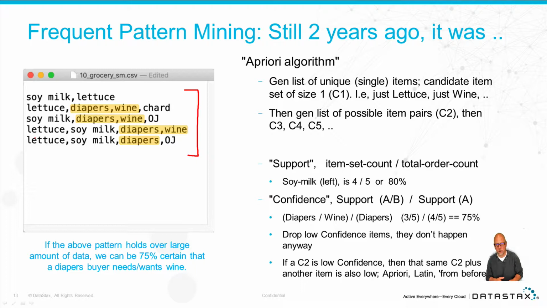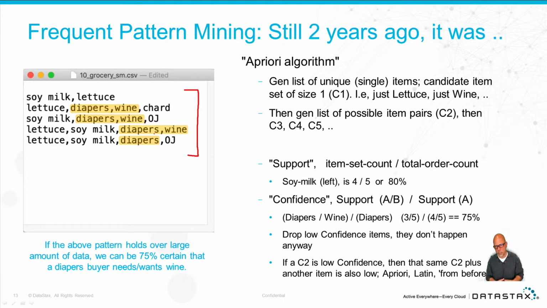So if we look at the combination of diapers and wine in this list as opposed to just diapers. The combination, a C2, candidate item set of size 2, an order with 2 items containing diapers and wine has happened in 3 of the 5 cases. Diapers, wine, diapers, wine, diapers, wine.